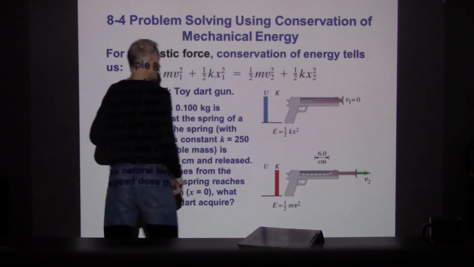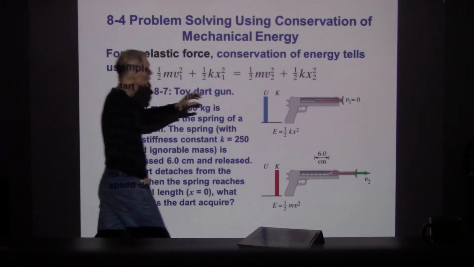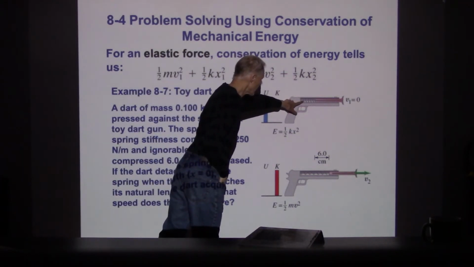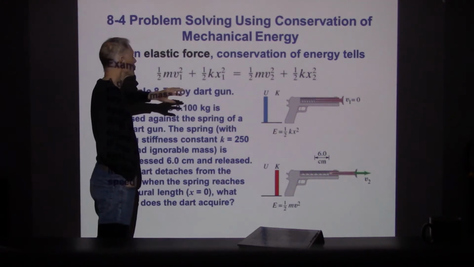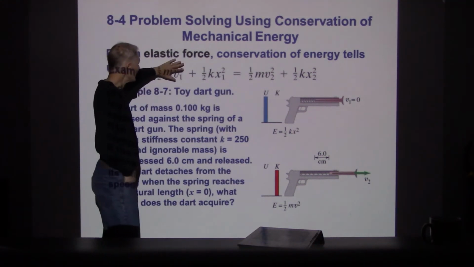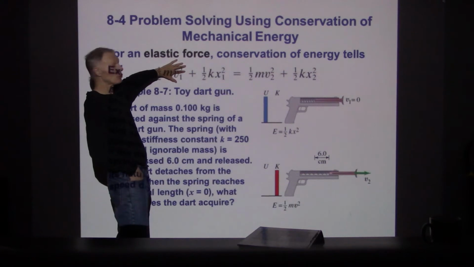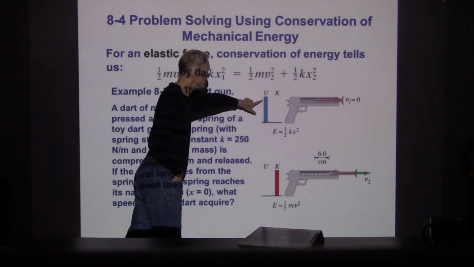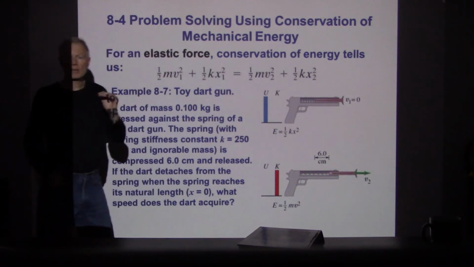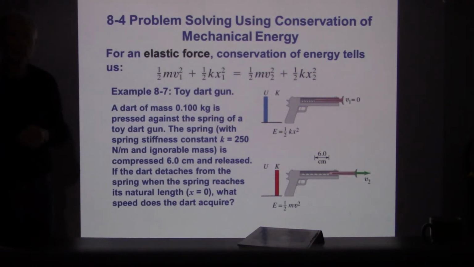To start with, the spring is compressed and the dart is at rest. Since the dart's at rest, we can ignore the kinetic energy that we start with. All of the energy we start with is potential, and it's stored in the spring. The formula we derived for this was 1/2 kx squared.